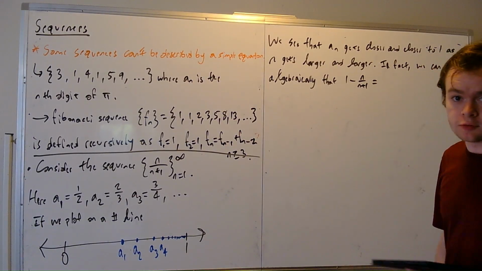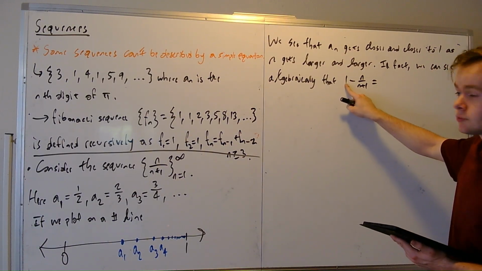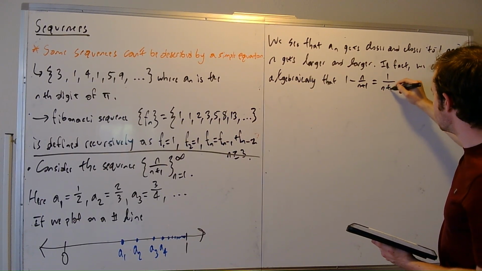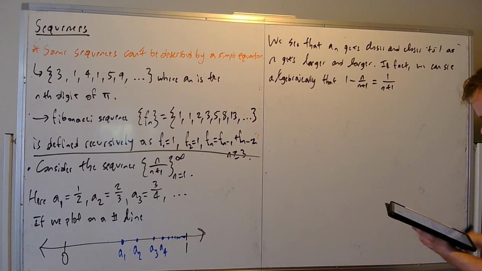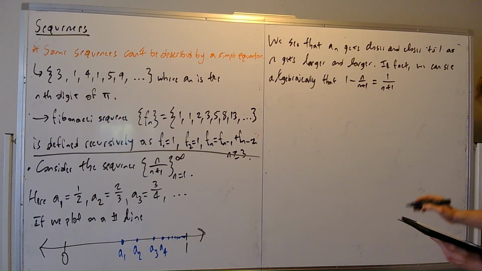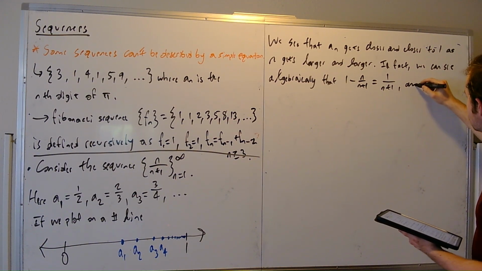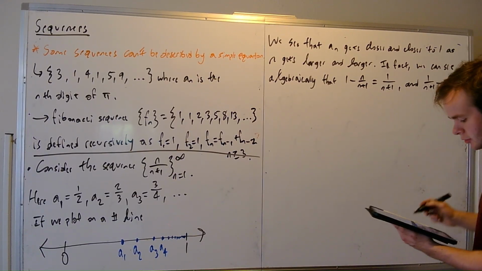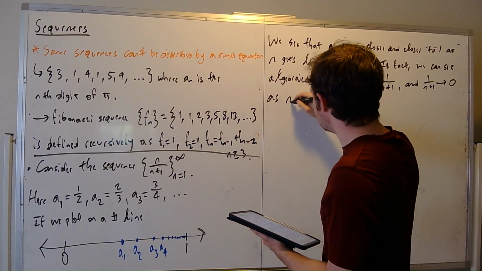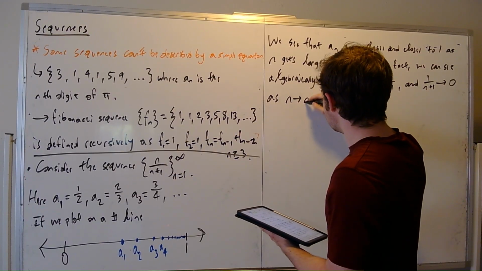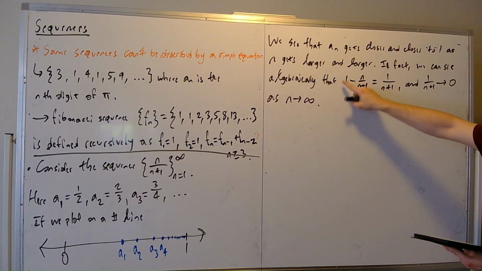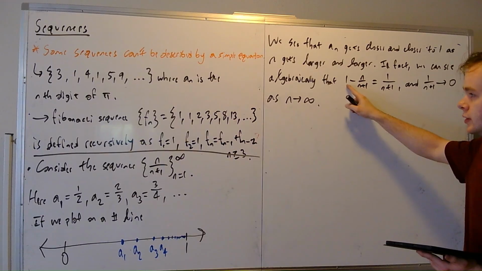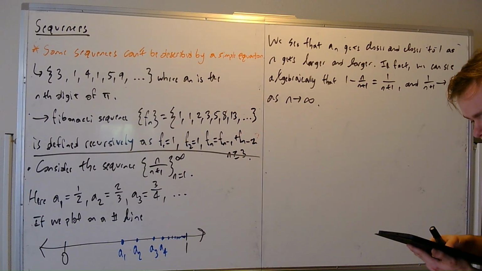If you combine the two fractions, this is n plus 1 over n plus 1 minus n over n plus 1, so you're going to get 1 over n plus 1. So if we do 1 minus this, we get that. And 1 over n plus 1 goes towards 0 as n goes towards infinity. Right, so this number here is going towards 0 as n is getting infinitely big. What does that mean? That means that our sequence is going towards 1.